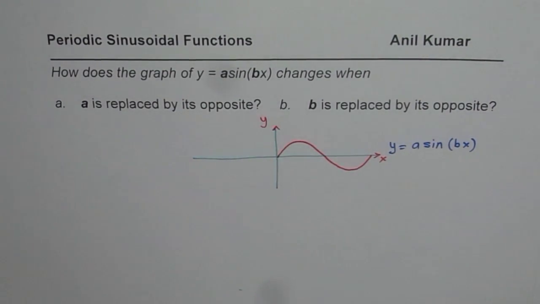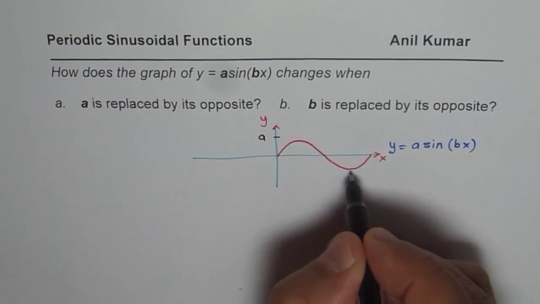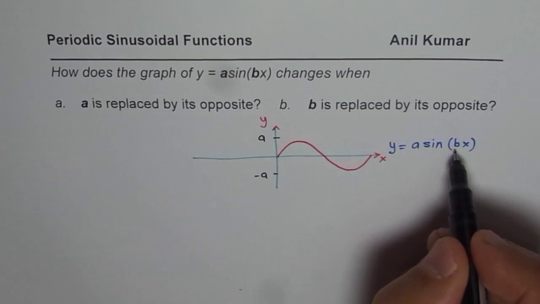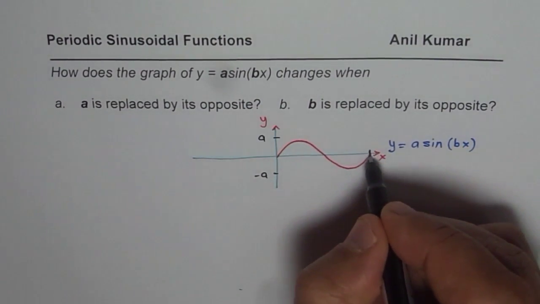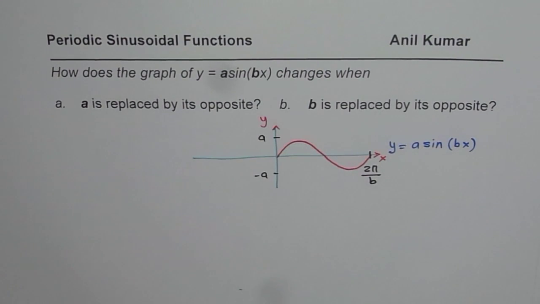When I say a, it means the amplitude of the sine wave is a, so it goes from minus a to a. And when I say b here, that means the time period is 2 pi by b. So that is how this wave represents the equation, correct?